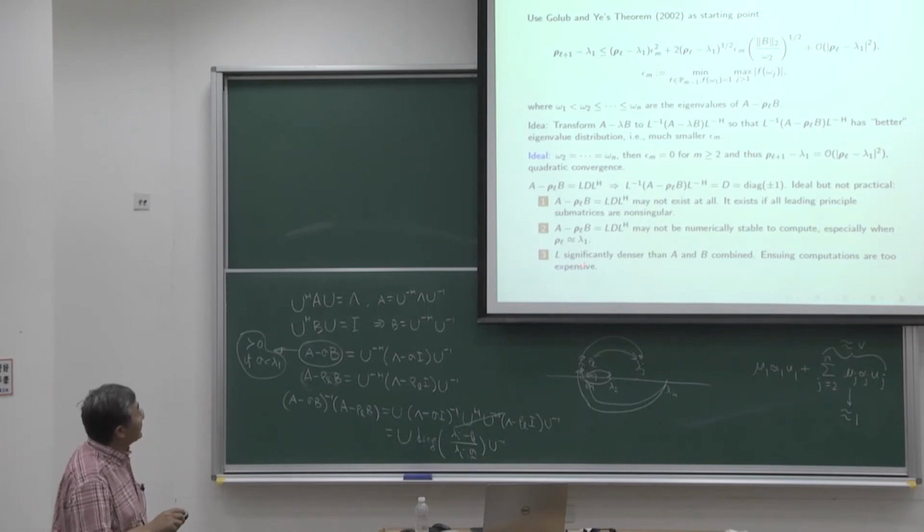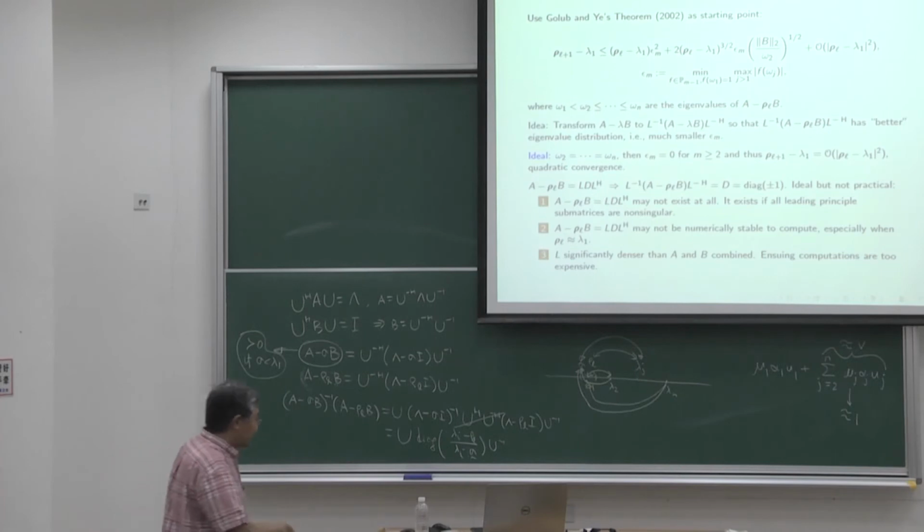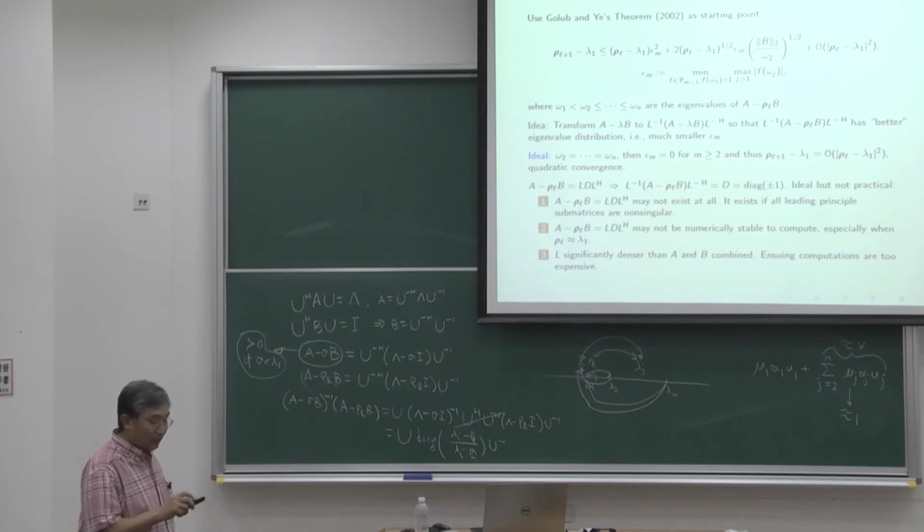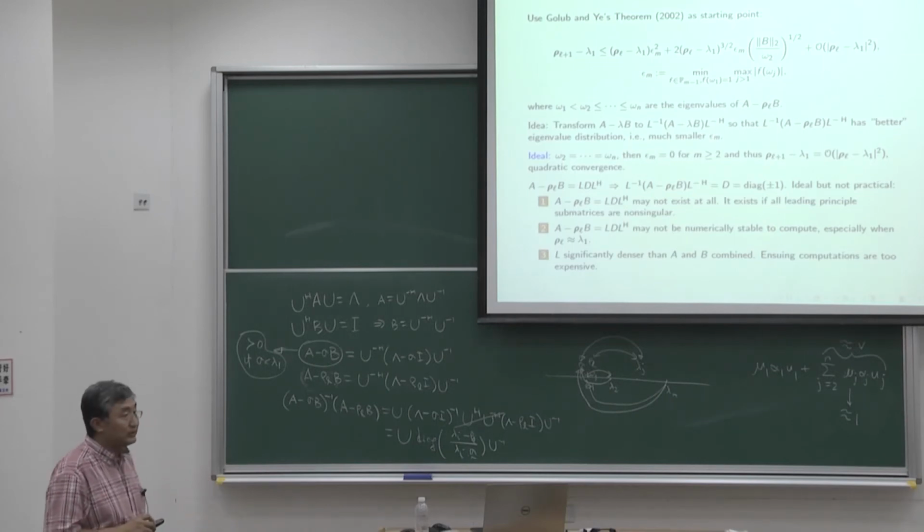The third, as we all know from Sherry's lecture, is that usually when you're doing LU decomposition for a large sparse matrix, you introduce a loss of fill-in. Unless you do a certain permutation, and even then not all matrices can be permuted well to reduce the fill-in.